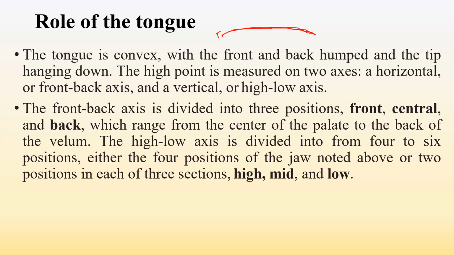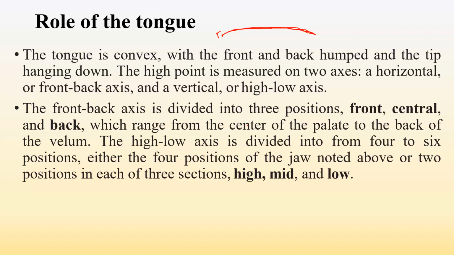The high point is measured on two axes, a horizontal or front-back axis and a vertical or high-low axis. Okay, so there are diagrams coming in, so I will explain more about the tongue position with these diagrams, right?